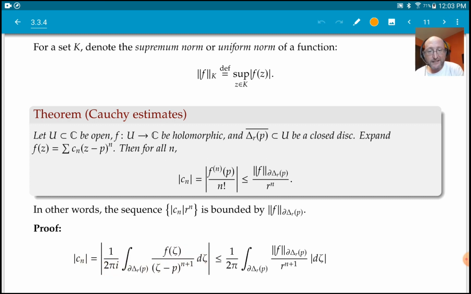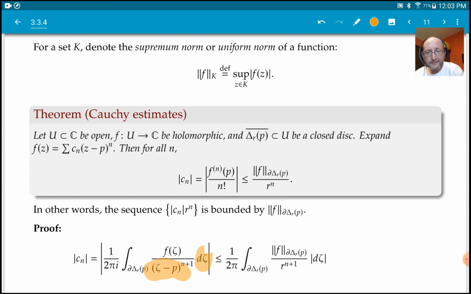And so when we do that, when the modulus goes inside here, this zeta runs over the circle of radius r around p. So the bottom here, when I take the modulus, is just r, right? So I get r to the n plus 1, right?